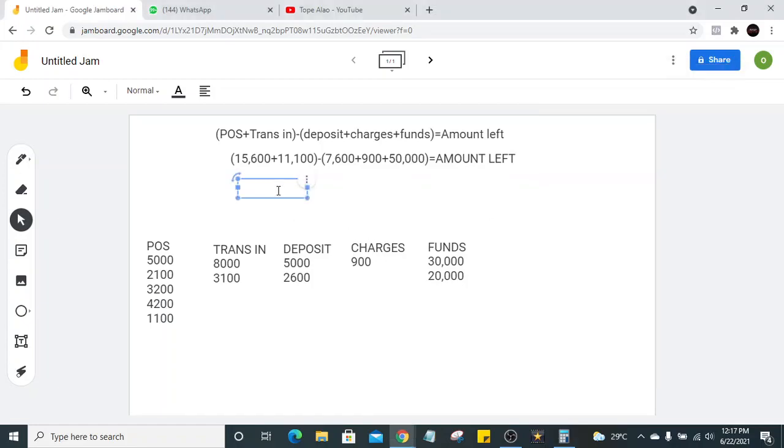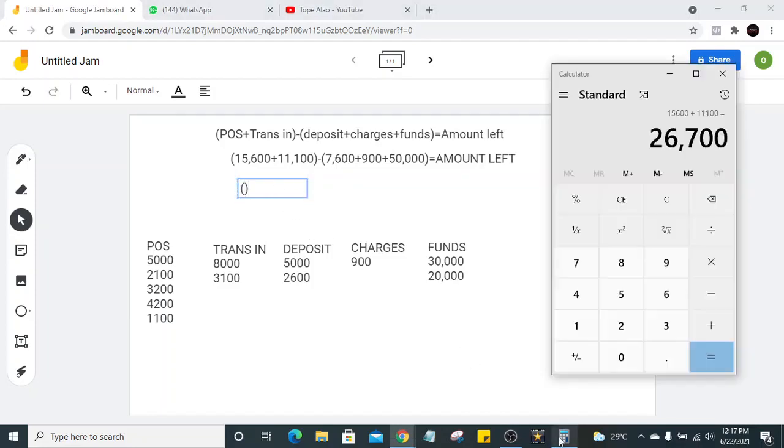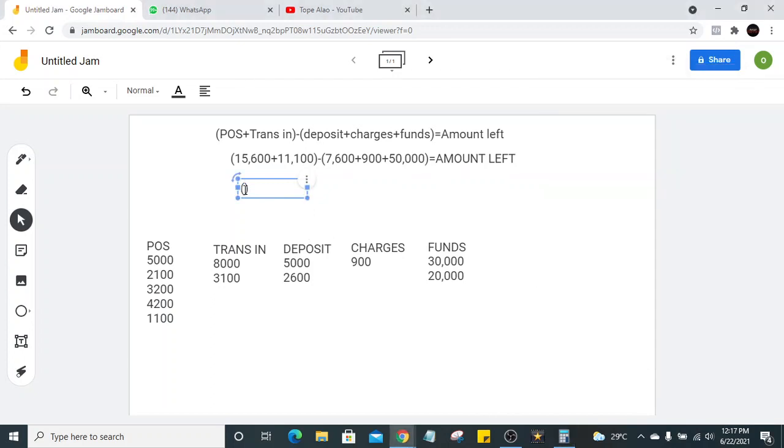So that's 26,700. Sometimes simple things might look complex even to people that know a lot, which is why I need to go through everything one by one. So that's the total for these two in the first bracket.